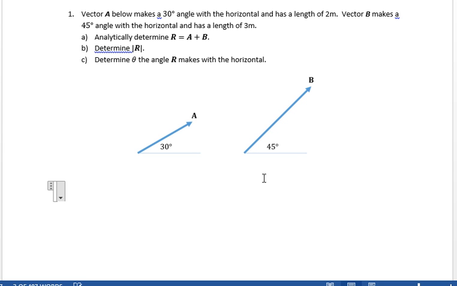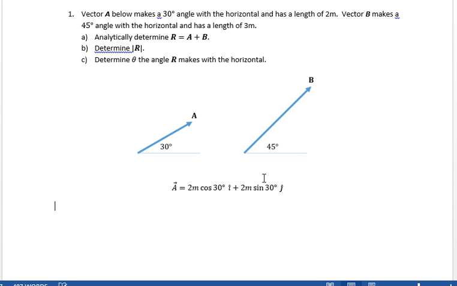Well, let's start with what is A. We can look at A as 2 meters times the cosine of 30 degrees in the I hat direction, the x direction, plus 2 meters times the sine of 30 degrees in the j hat direction, or y direction.